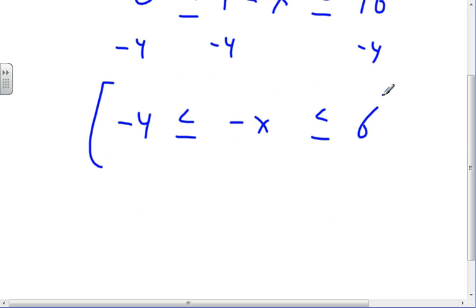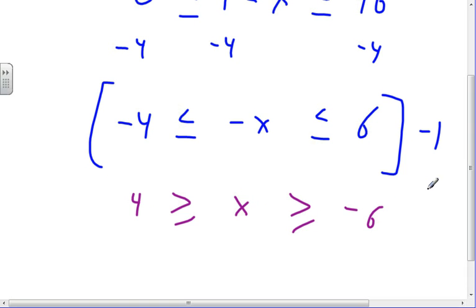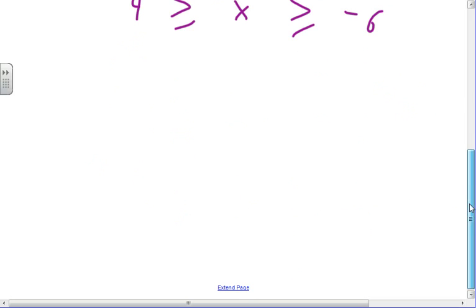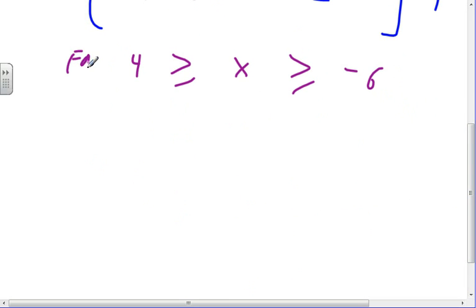Then I'm going to multiply everything by minus 1. 4 greater than or equal to x greater than or equal to minus 6. Final answer, but we still need to graph it.